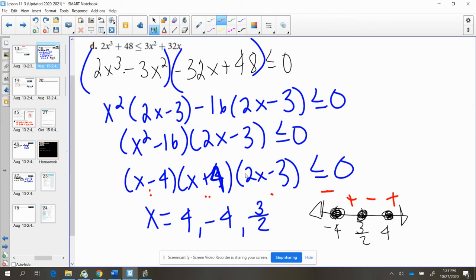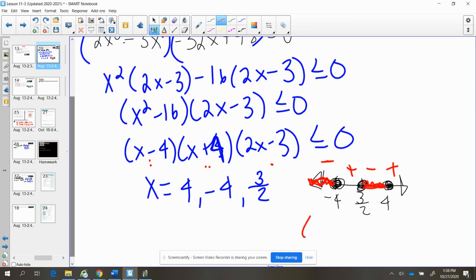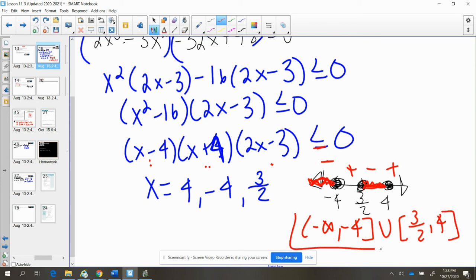So again, we're looking for the values less than or equal to 0. So that's going to be our negative answers, our answers below the x-axis. So that means from negative infinity until we get to negative 4, we're including it though, because we want to keep it equal to 0, or from 3/2 to 4, include both of those, would be our intervals.